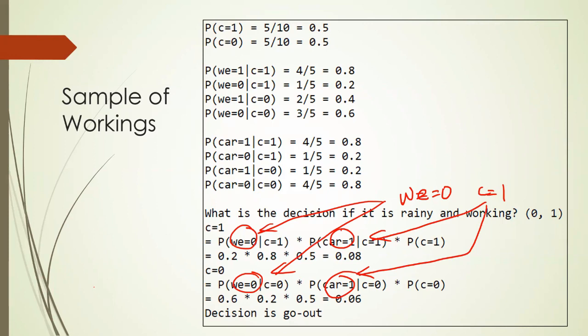Then for the condition here, you want to know whether we are going out or not going out. This one must conform to the decision here, whether you want to go out or not. So this one go out, this one go out, and this one not going out.